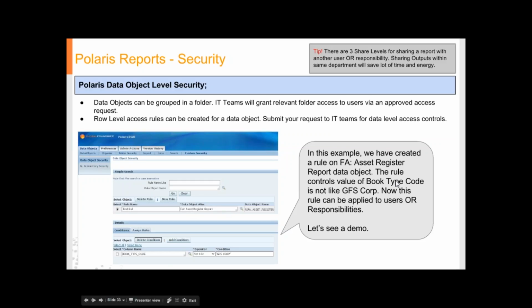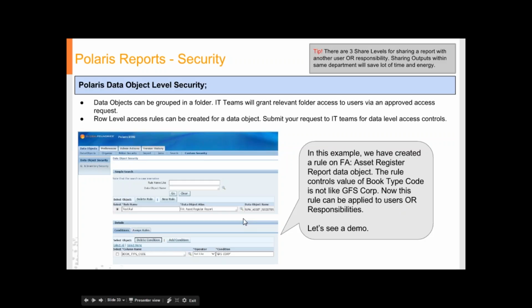So this is the data object. The rule controls the value of the book type code column, which is one of the columns of this data object. If the value of this column is not like GFS Corp, then it will allow users to see the data. So this is the condition that we have created, right? And then this rule needs to be assigned to specific users or responsibilities.